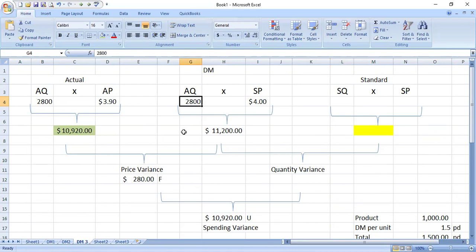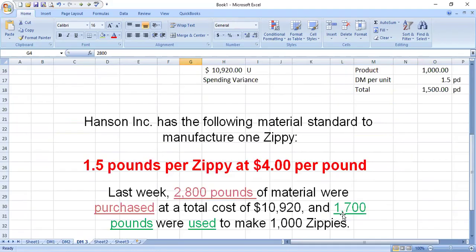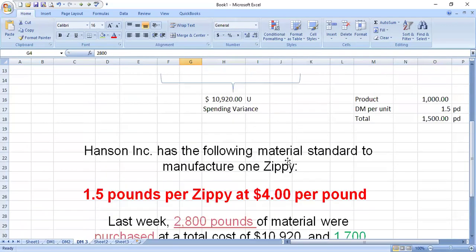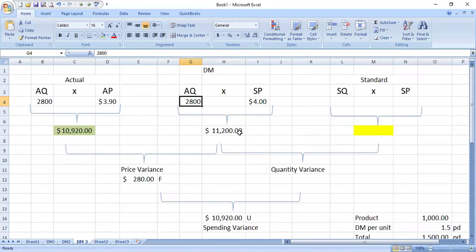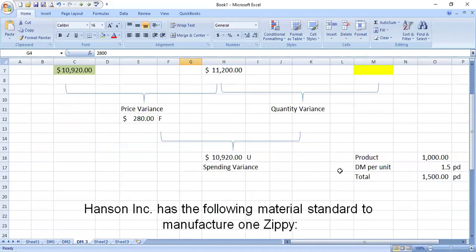When I'm purchasing 2,800 and I'm using 1,700. Right? We're moving to a different reality. For that reason, we cannot do the price variance and the quantity variance in the same calculation here. So how are we going to do this?